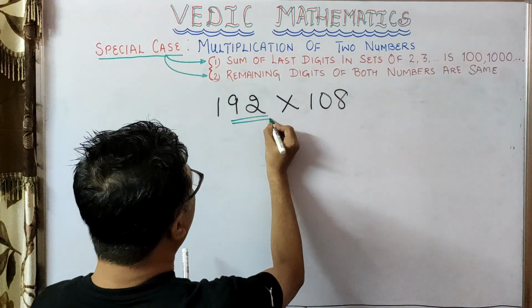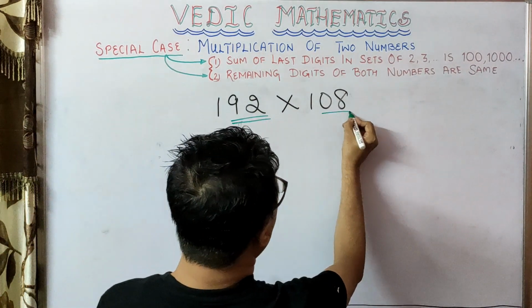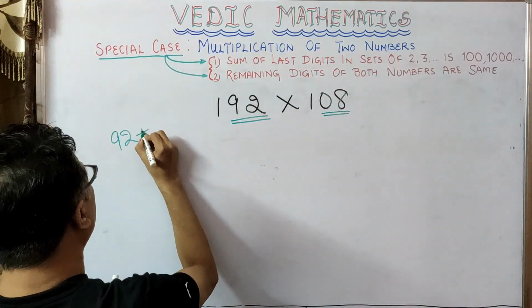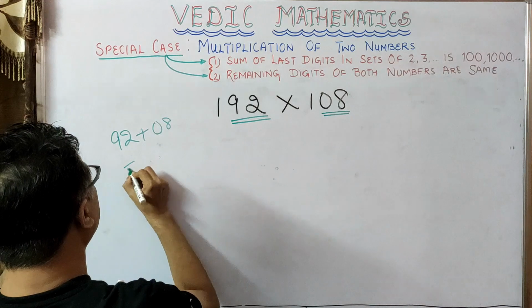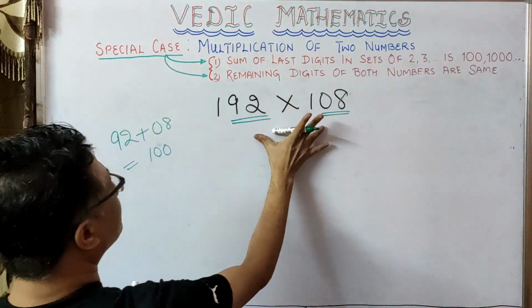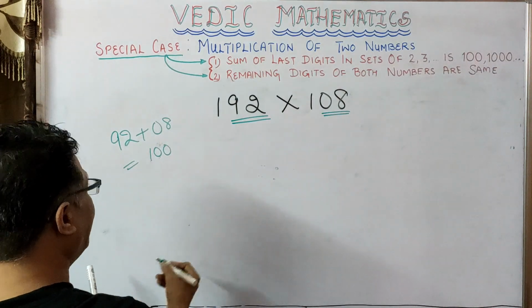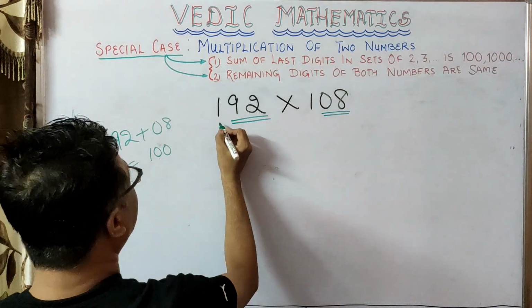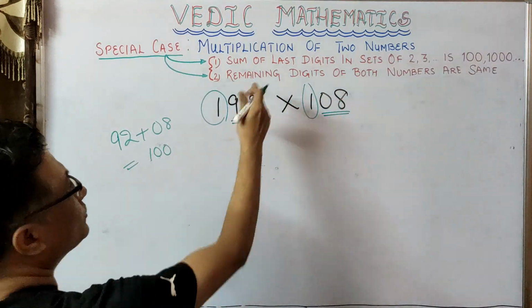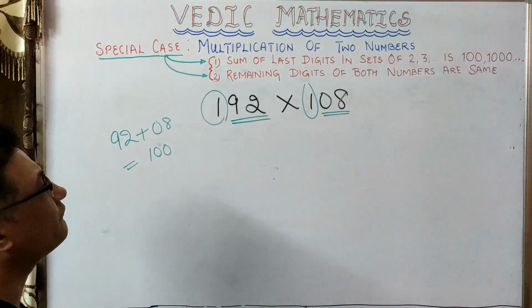Now you have 92 and 08, and what is their sum? The sum of 92 plus 08 is 100. So in a set of 2 digits, the sum is 100 and the remaining number is the same in both the numbers. So the second condition is also fulfilled.